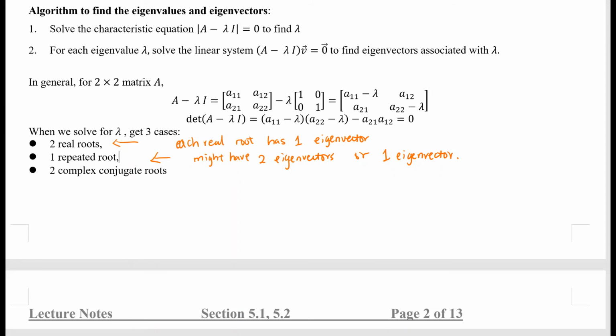If we have 2 complex conjugate roots, each complex root has 1 eigenvector. Those 2 complex roots are complex conjugates, and each complex root has an eigenvector. So those 2 eigenvectors are actually complex conjugates.